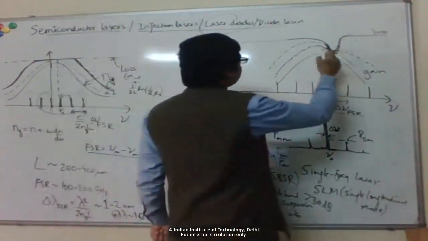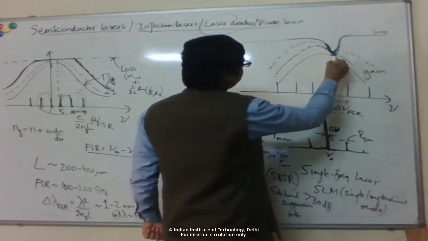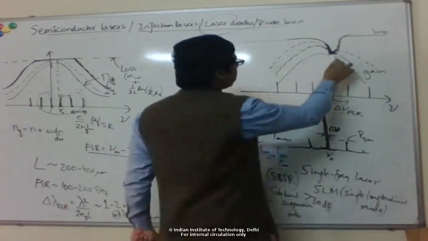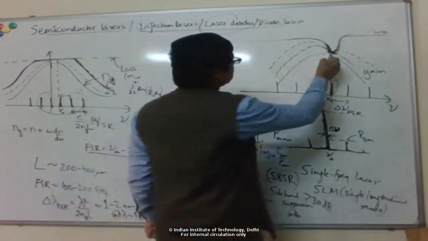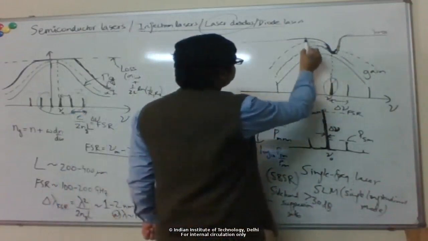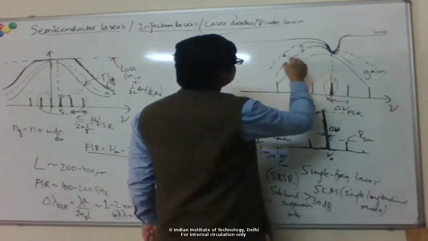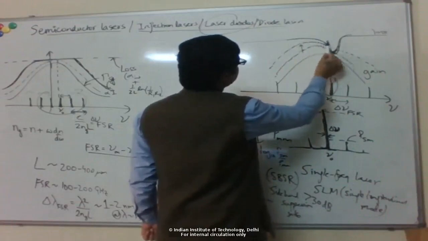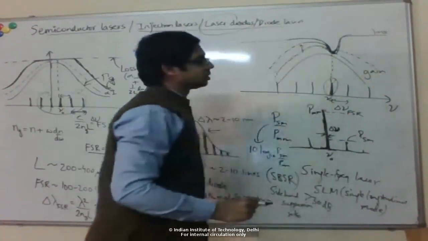And then as you increase the current further, because away from this minimum loss point at which the threshold is happening, the loss is also going up, there is some gap between the gain and the loss. So if I increase the current, the gain goes up, but the loss has also gone up at frequencies away from the minimum. So I'm still below the threshold condition for these frequencies.